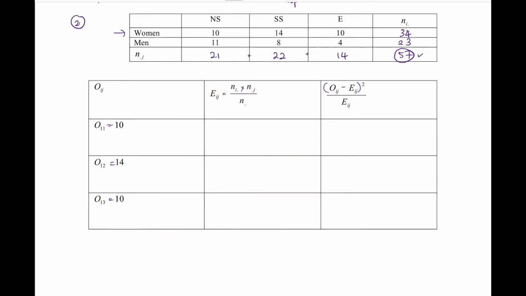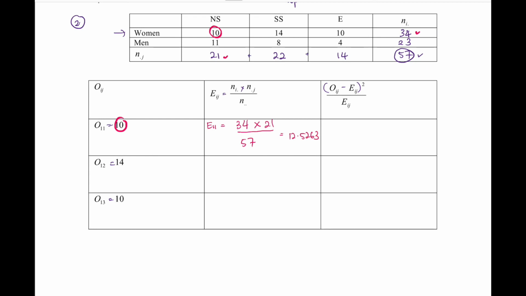Okay, so E for 10. 10 is located at row 1, column 1. So E11 is equal to 34 times 21 divided by 57. Here you will get 12.5263.